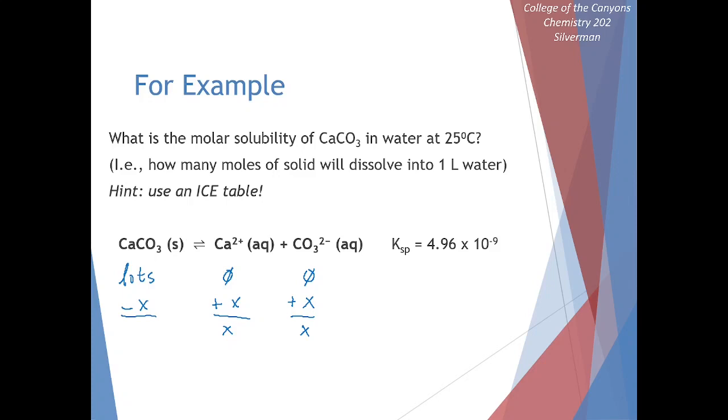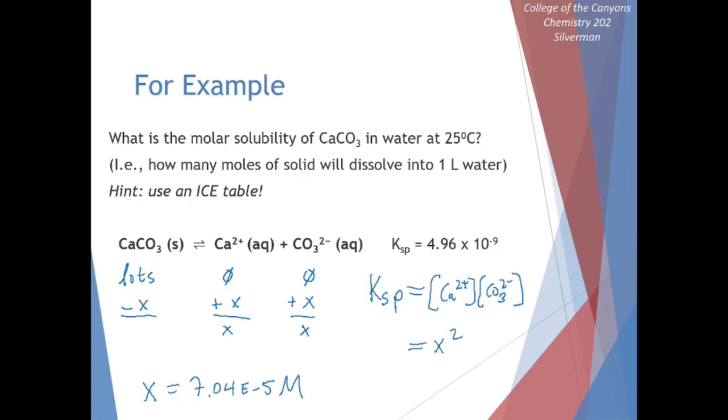And we end up with equal amounts of calcium and carbonate ions. We can solve this ICE table, we get our answer, and this value for X is precisely our solubility. X is how much of our solid was able to dissolve. That's exactly the definition of our solubility.